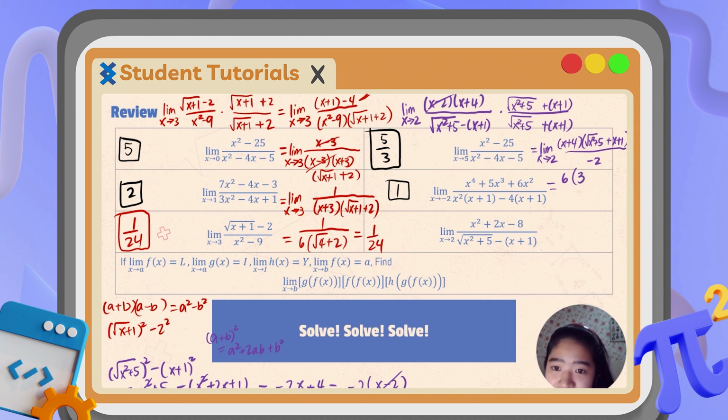So that's 3 plus 2 plus 1 all over negative 2, which is going to give us 6 times 6 over negative 2. So this is going to be negative 18. So that would be our answer right about here.